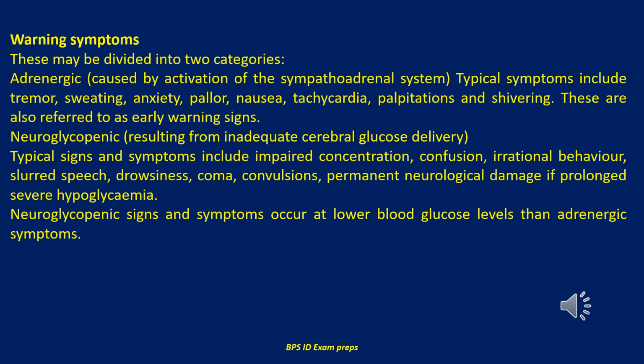Typical signs and symptoms include impaired concentration, confusion, irrational behavior, slurred speech, drowsiness, coma, convulsions, and permanent neurological damage if severe hypoglycemia is prolonged. Neuroglycopenic signs and symptoms occur at lower blood glucose levels than adrenergic symptoms.